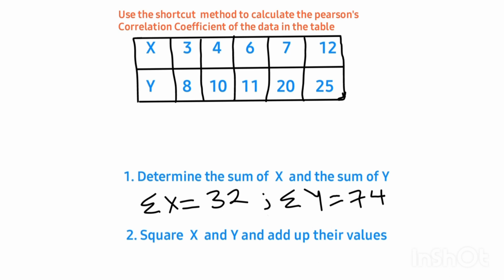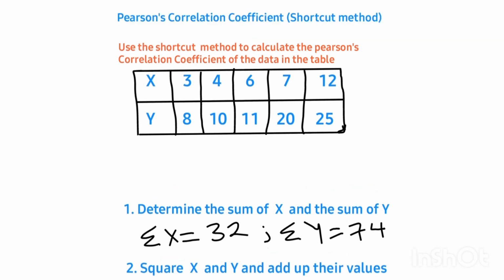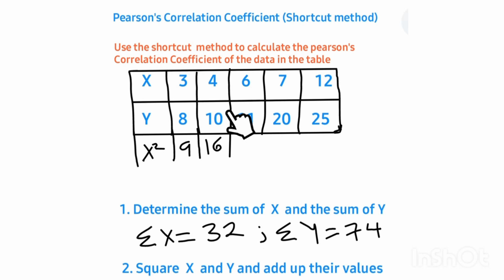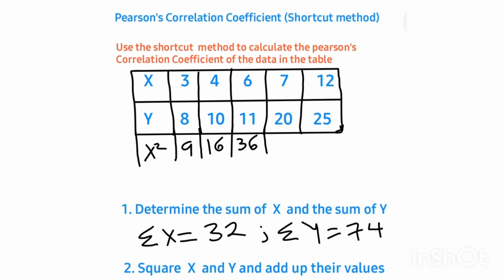And here we go back to our table. We need to create a column for X square. For the first one, we have 3 square, we have 9 here. 4 square, of course, that gives 16. 6 square, of course, that gives 36. 7 square, 49 here.